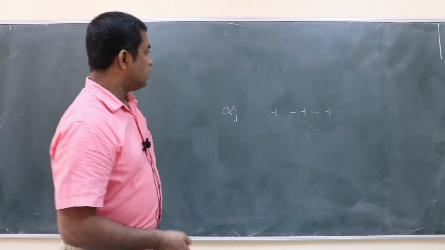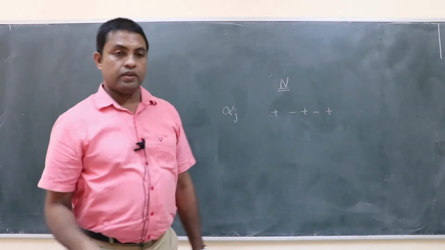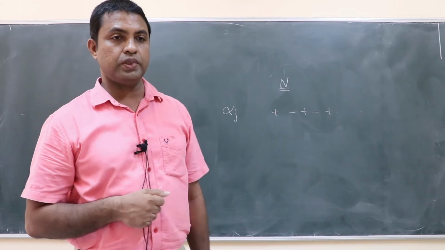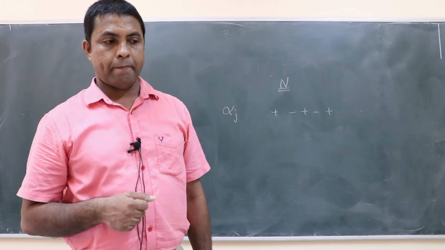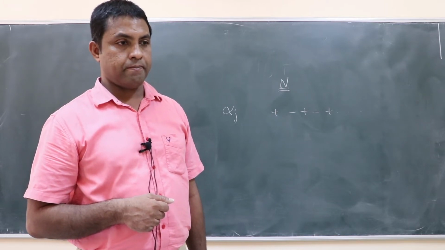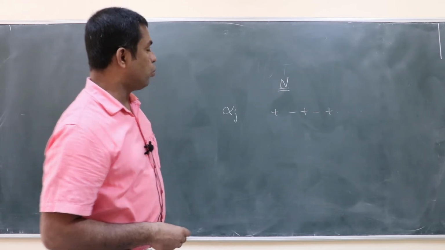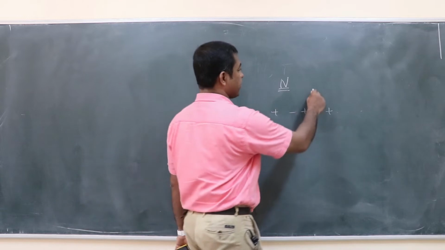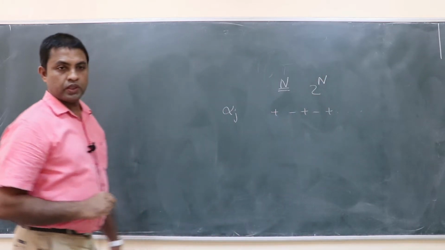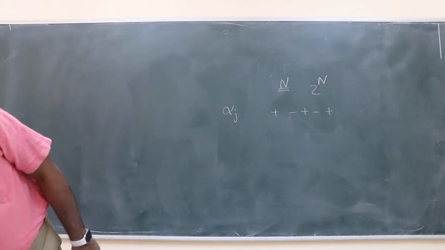Suppose there are n such dipoles. How many such combinations are possible? 2 power n. So you have 2 power n configurations. Any question on that?